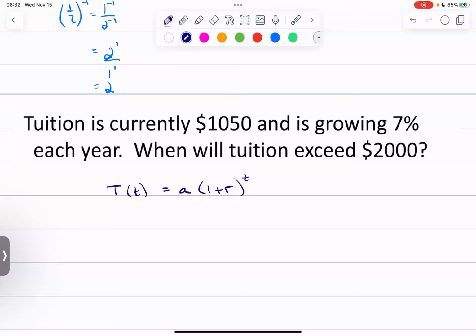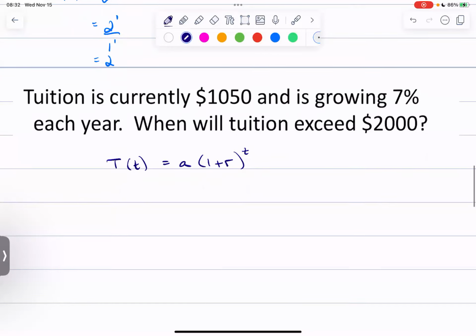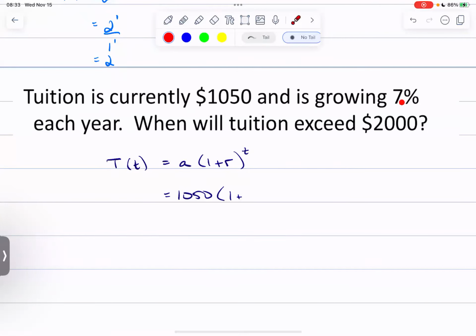The starting amount is 1050. 1 plus 7% each year is the rate, so 0.07. And we want to know at what t does this tuition equal 2,000, right?